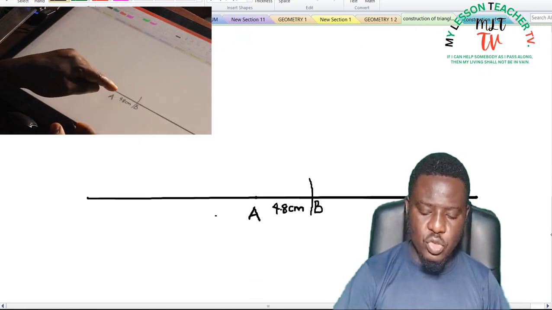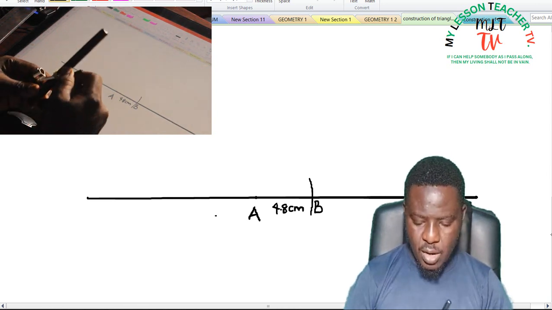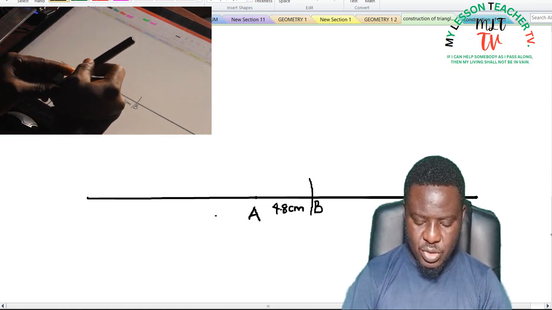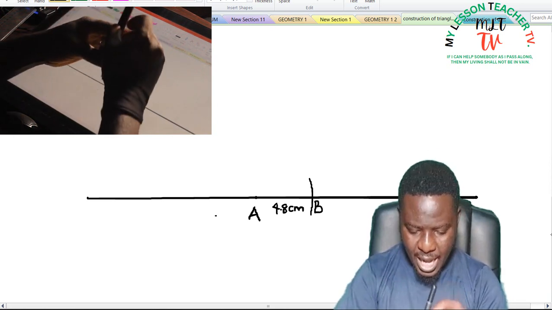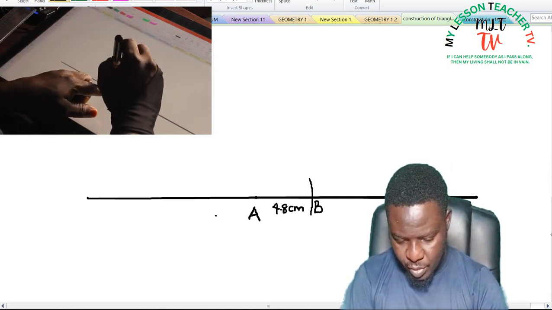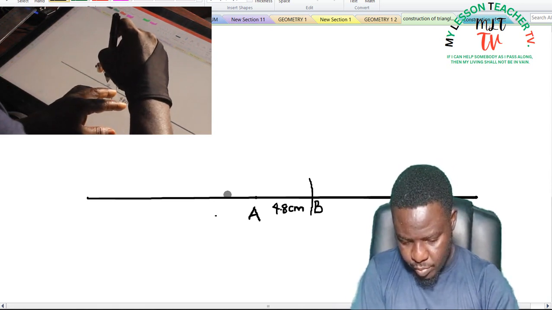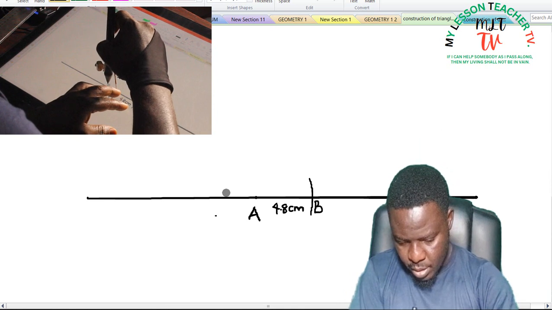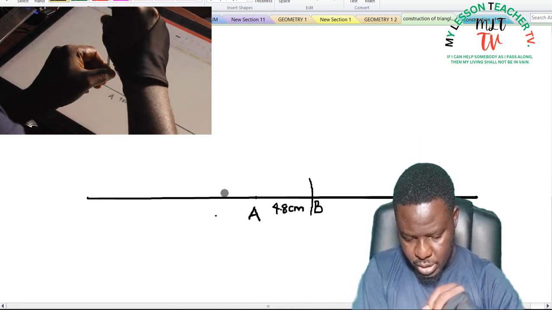So how do we construct angle 60 degrees? For us to construct angle 60 degrees, we said we should construct an arc with A as center, construct a semicircle. Now this is A. Let's construct the semicircle.